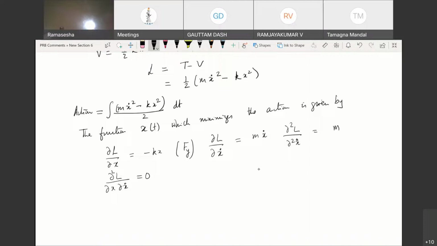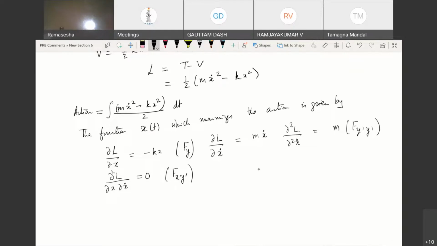And this will be zero because once you differentiate you get m x dot, and if you differentiate that it is going to be zero. This is the equivalent of f of x prime, and this is the equivalent of f of y prime.